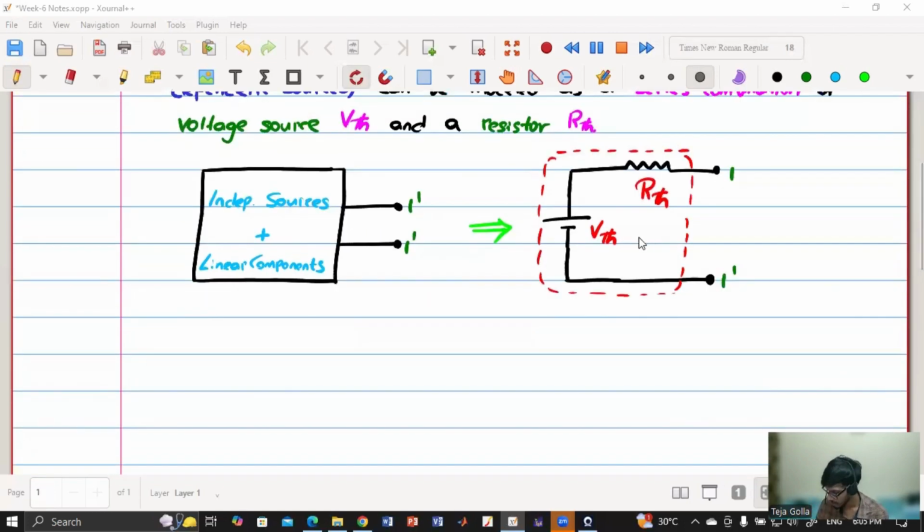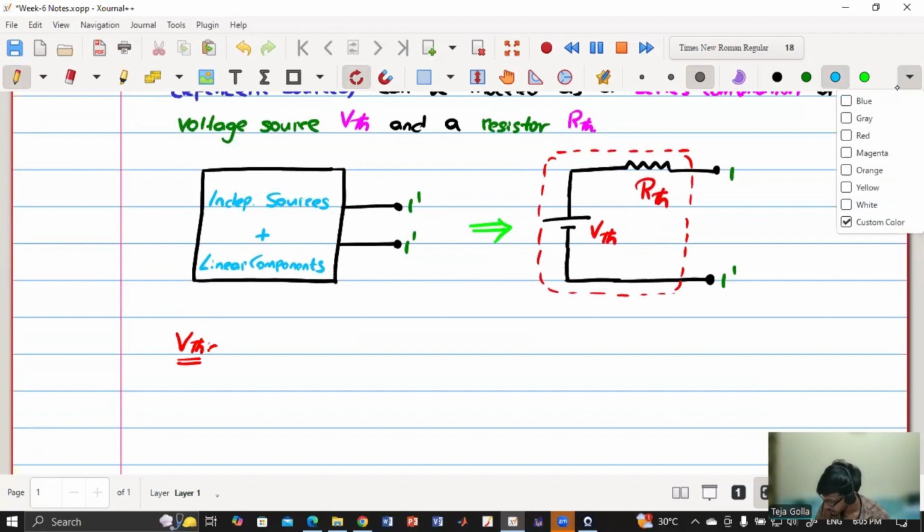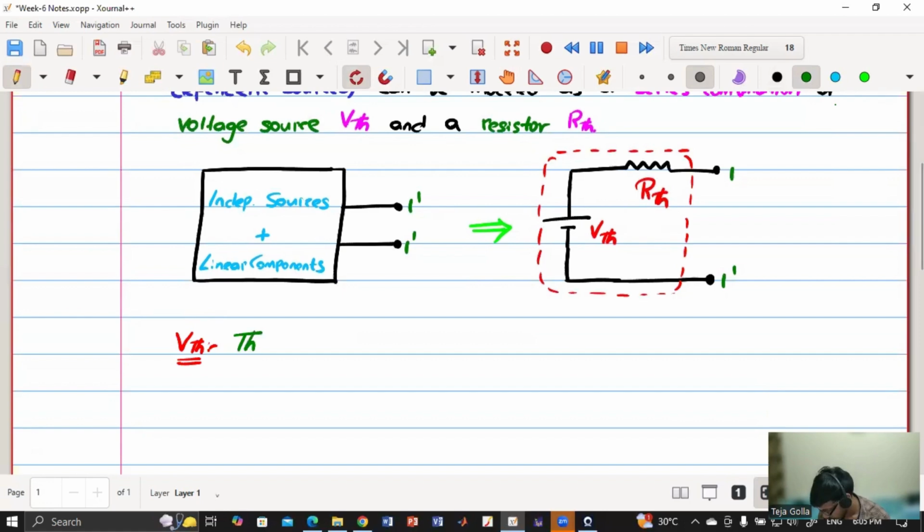First we'll check what VTH is. This is also called the Thevenin voltage. How do we find the Thevenin voltage?